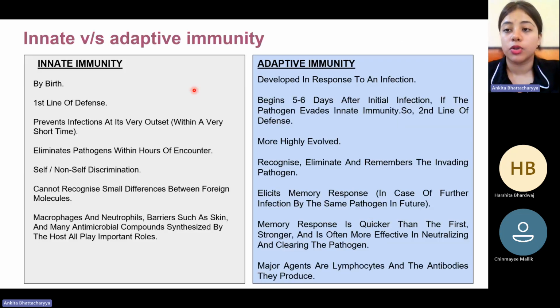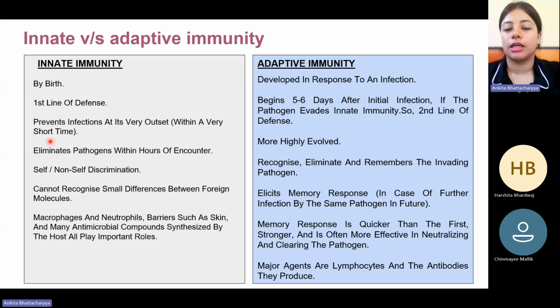Following this, we understood the distinction between innate and adaptive immunity: how innate immunity is a defense mechanism that you are born with, versus adaptive immunity, as the name suggests, which is brought about in response to the kind of exposure to pathogens that you get over time. And the key distinctions between them: how innate acts as the first line of defense, whereas adaptive immunity sets in much later.